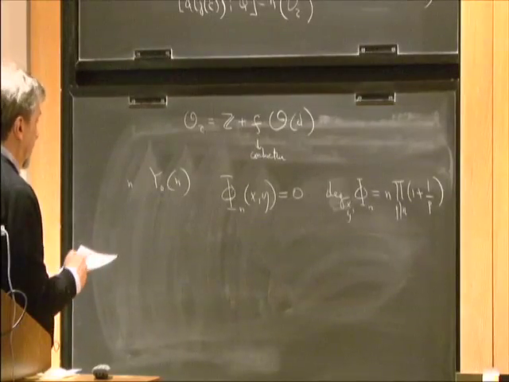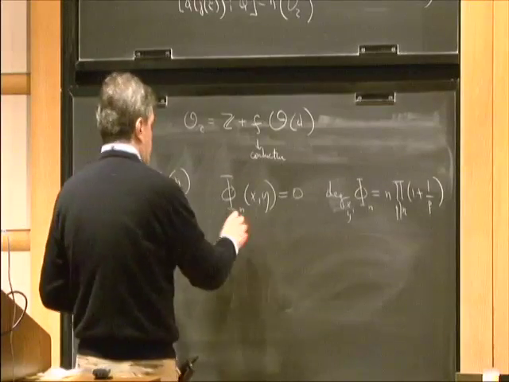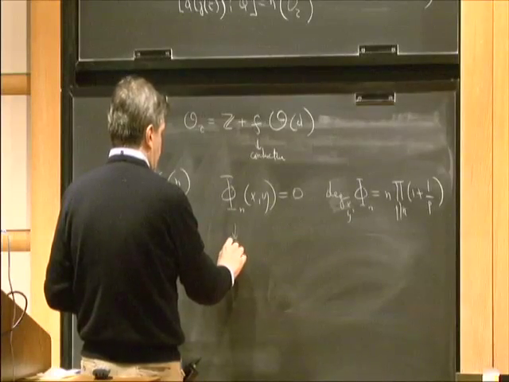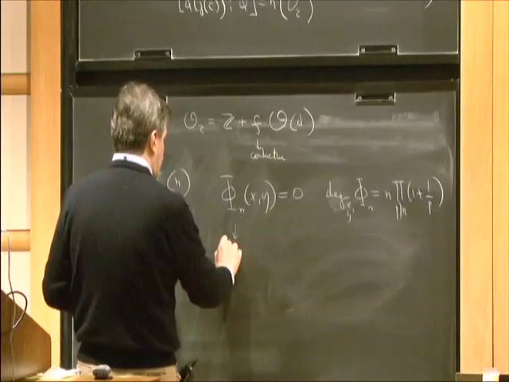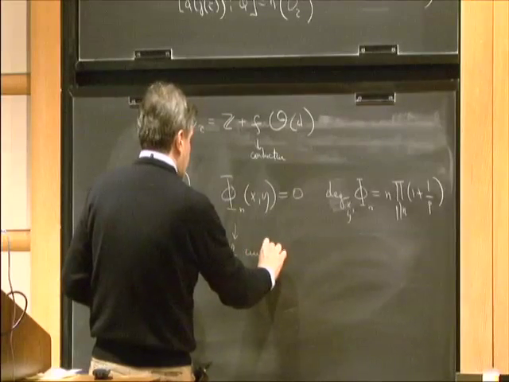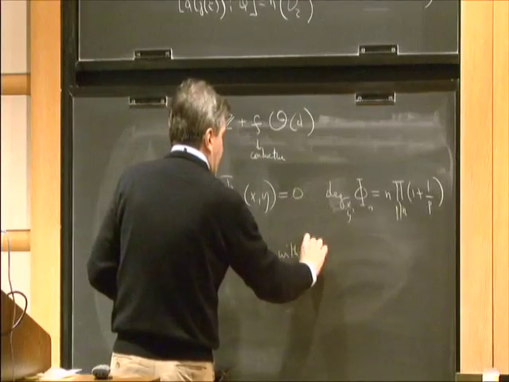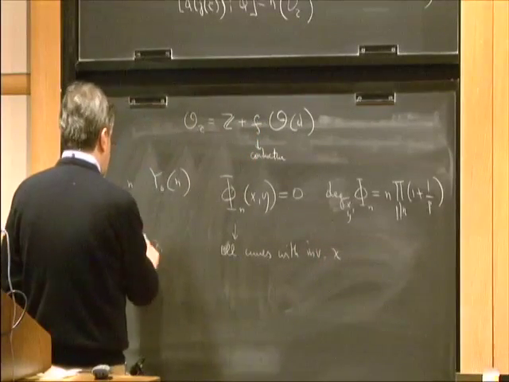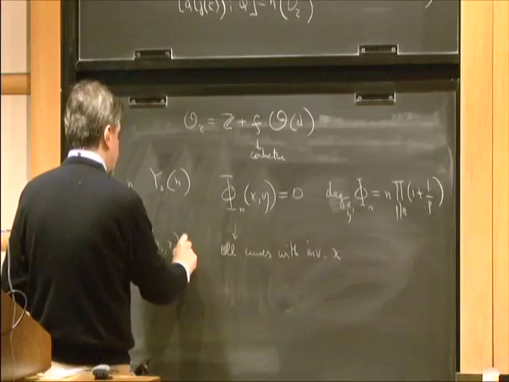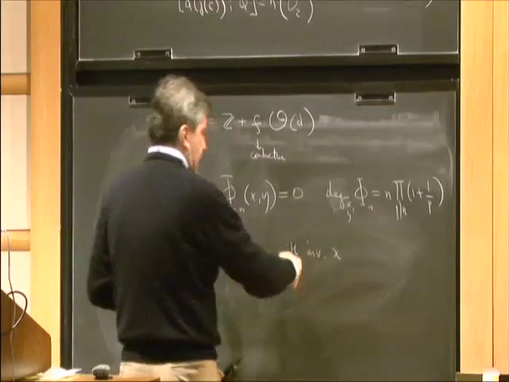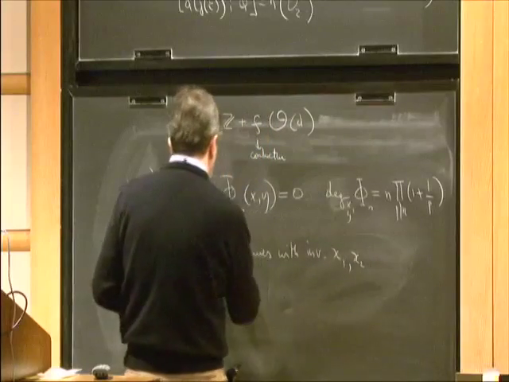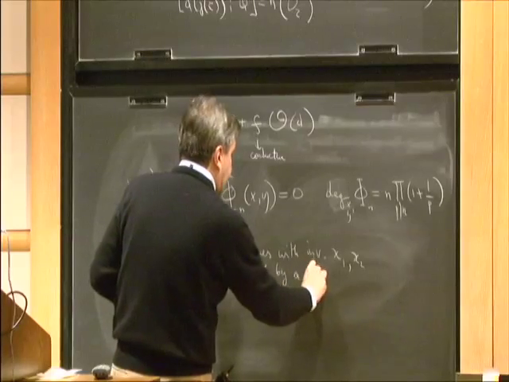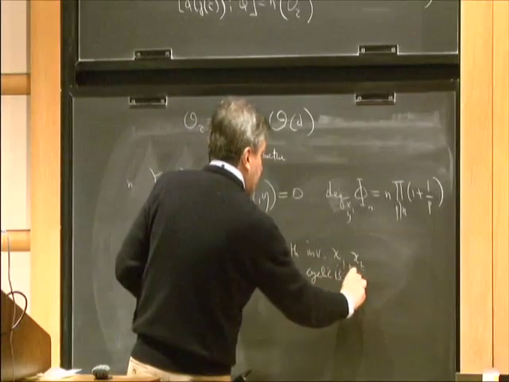And these modular curves parameterize the following. If a pair lies on the modular curve, this means that if Phi n of x1, x2 equals 0, then the elliptic curves with invariants x1, x2 are related by a cyclic isogeny of degree n.